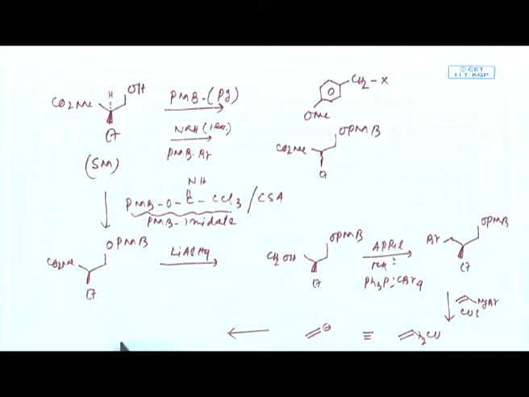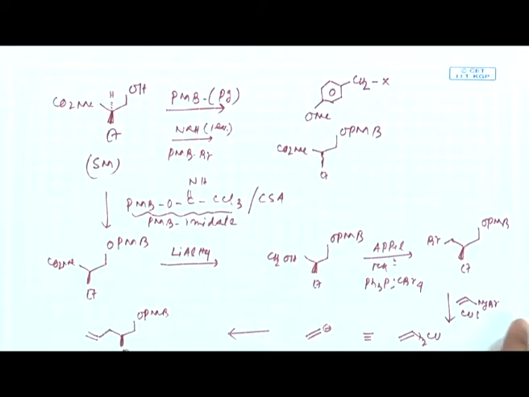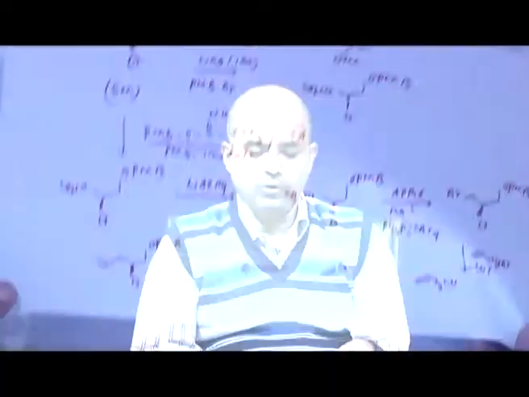So, then basically what you will get: your ethyl part will remain the same here, you have this OPMB, then you have a CH2 here, and then you put this vinyl. So, you are almost close.